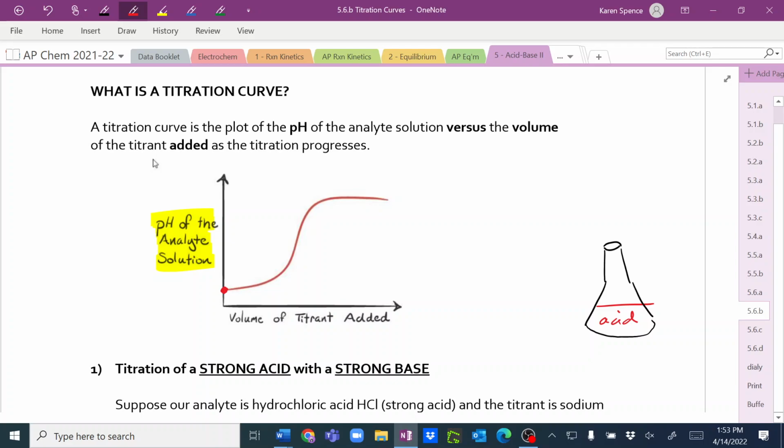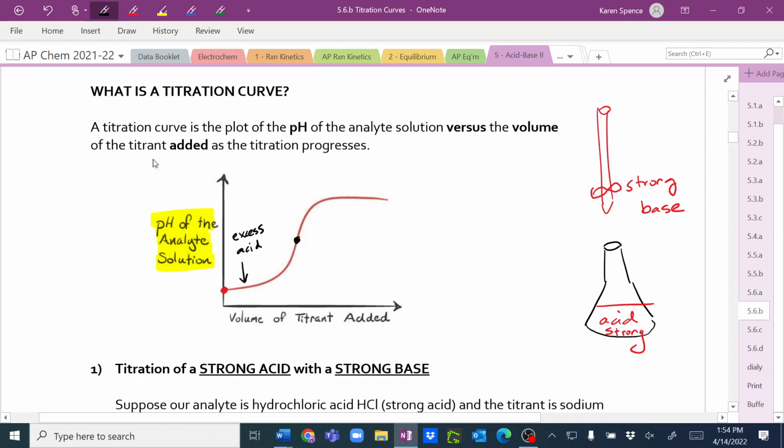So this curve is very typical of when we have a strong acid and we are dripping into it a strong base. Down here, we have excess acid.